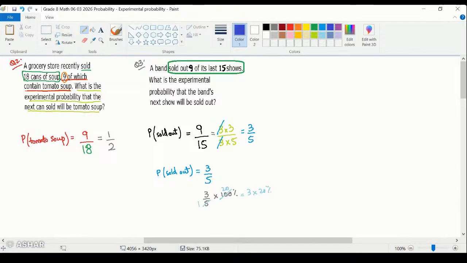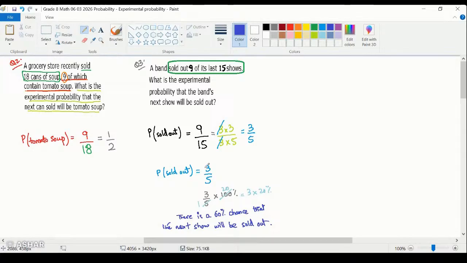We can say that there is a 60% chance that the next show will be sold out as well.